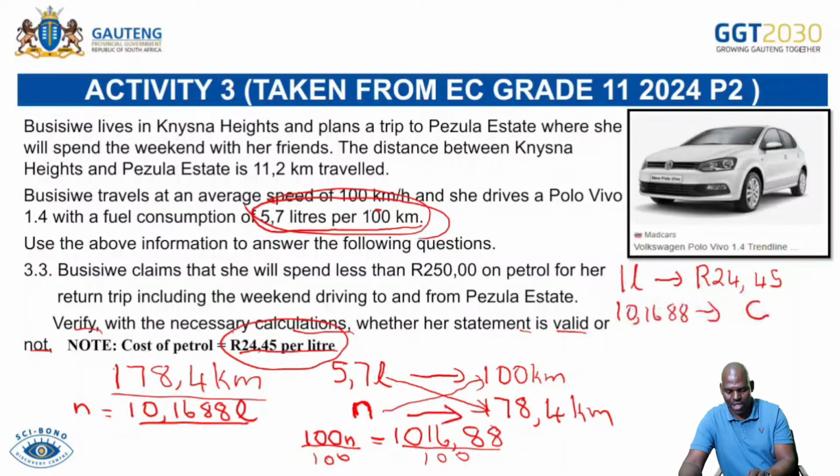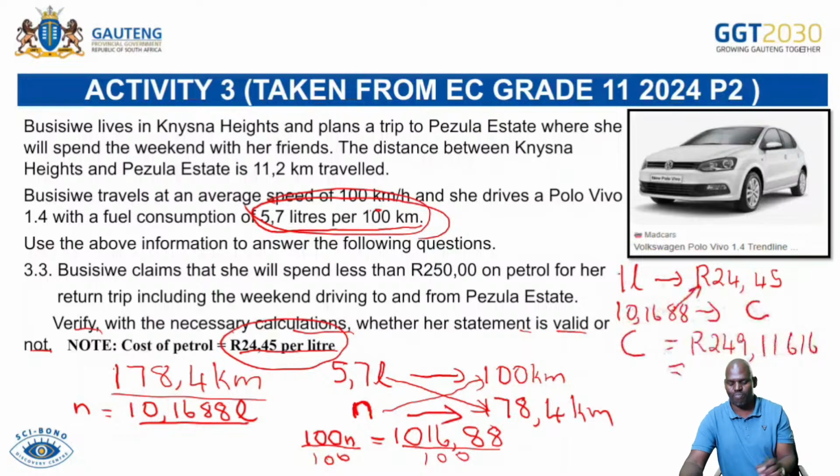If I take C, I multiply by 1, I get C. Then I take 10.1688, I multiply by 24.45, and I'm getting 249.11616.